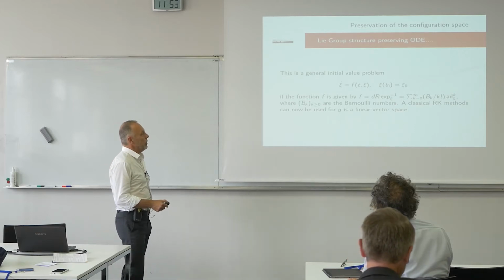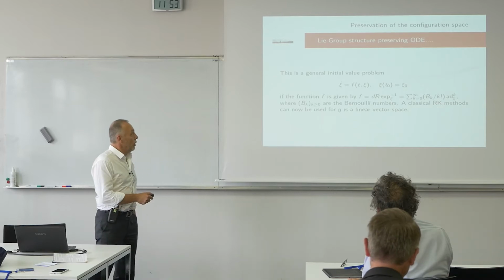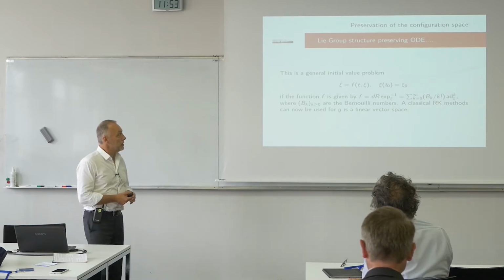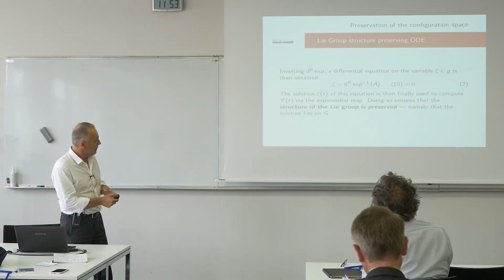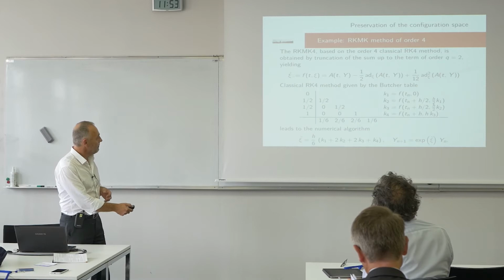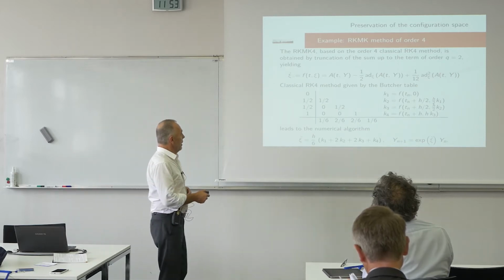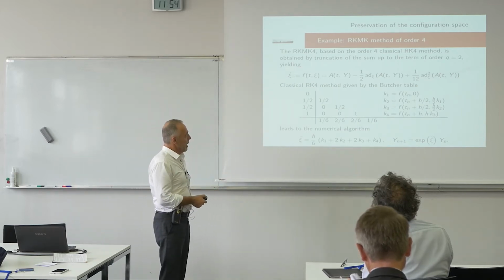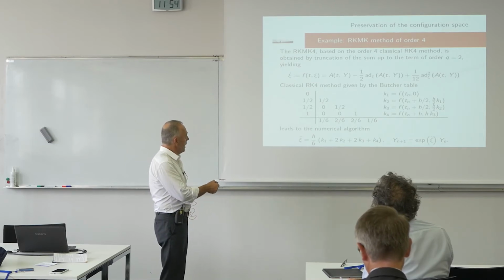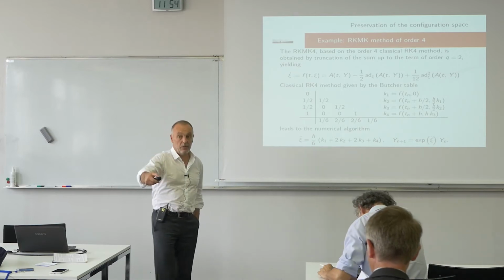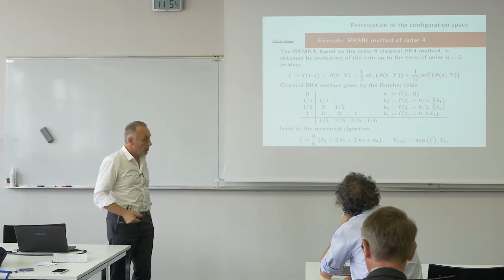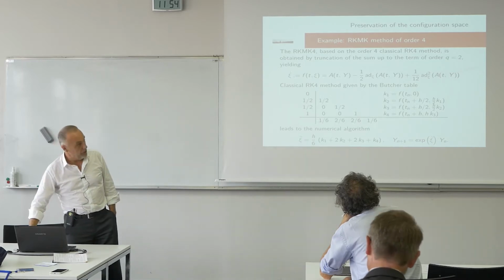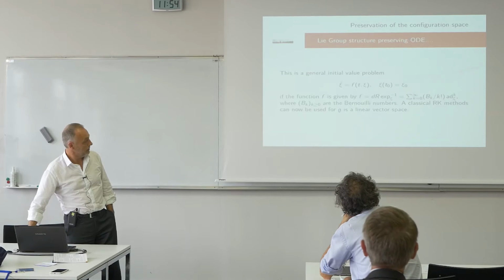Then you can use some Runge-Kutta methods to find the solution xi. I want to be quick, and at the end you will obtain xi. With xi you can obtain the element of the group at each time, and then you are able to reconstruct the solution y.